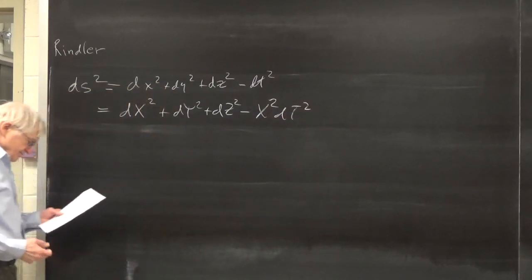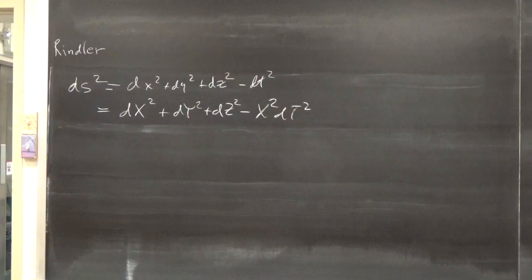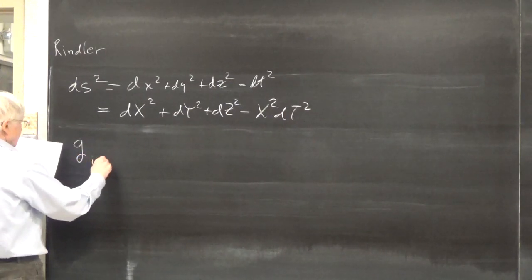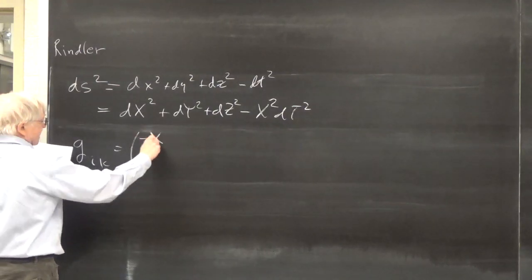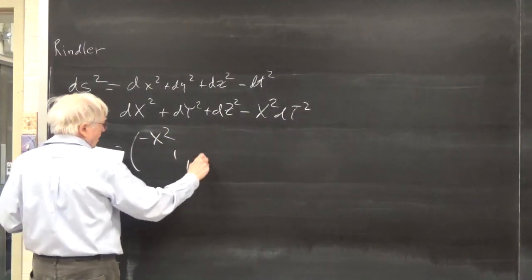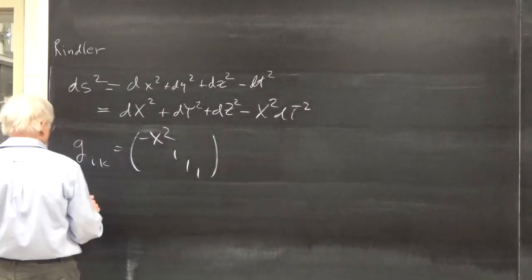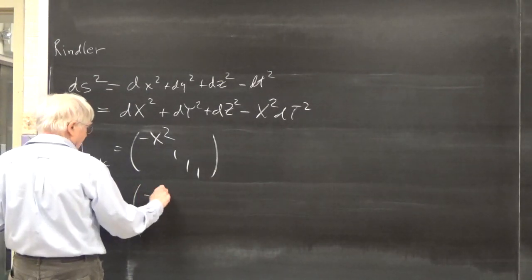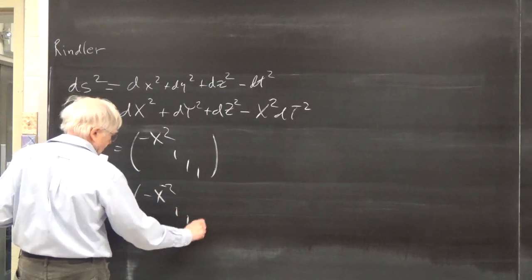So x, y, z, t are the Rindler coordinates for the accelerated frame. And it's easy to see that g_ik is minus x squared, 1, 1, 1, with zeros everywhere else, and g^ik is minus x to the minus 2, 1, 1, 1.